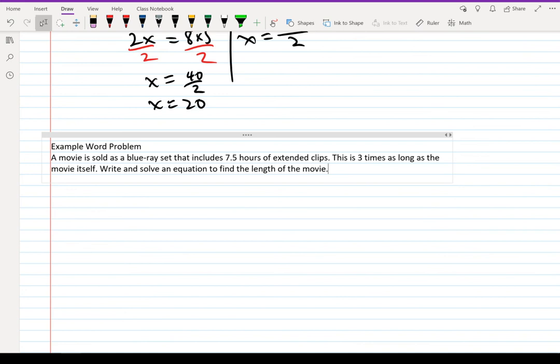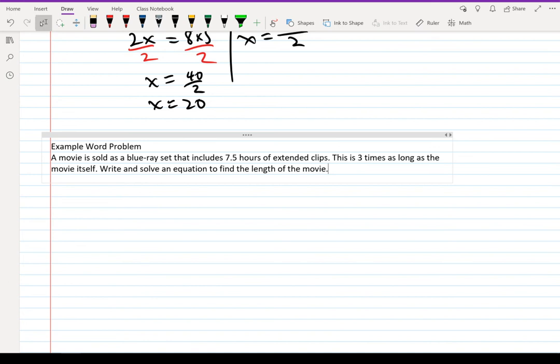So I assume you have done this already on your own. If you're stuck, that's fine. Just listen carefully on how to do this. So a movie is sold as a Blu-ray set and includes 7.5 hours of extended clips, which is 3 times as long as the movie itself.